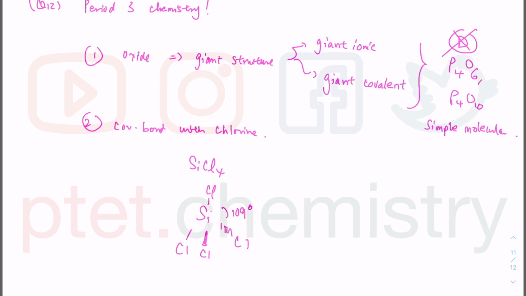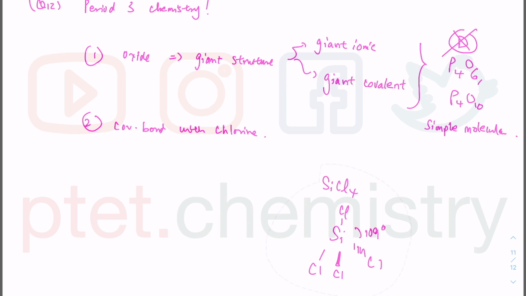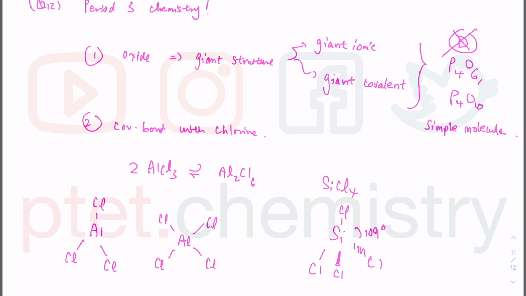I can also be thinking about Al2Cl6, which is basically a dimer of AlCl3, where you can dimerize to give you Al2Cl6 as a result of an incompletely filled outer shell. So instead what you get is this in the gaseous phase. I always like to draw the displayed form like this first, and then you can get the dot and cross very easily.